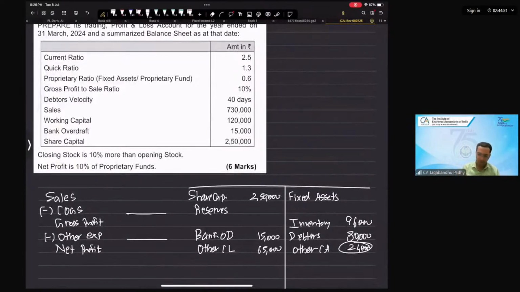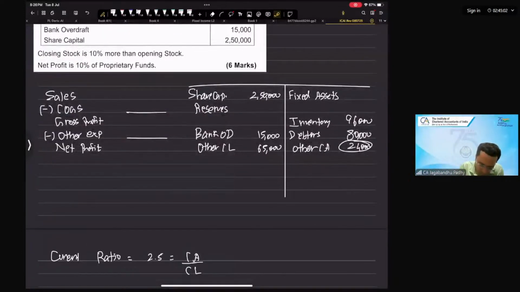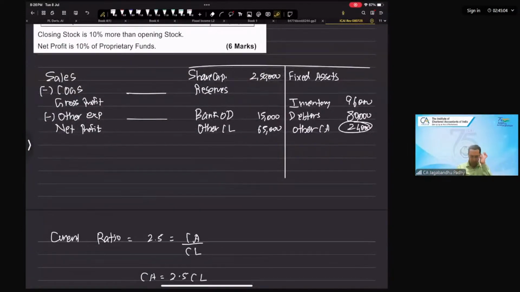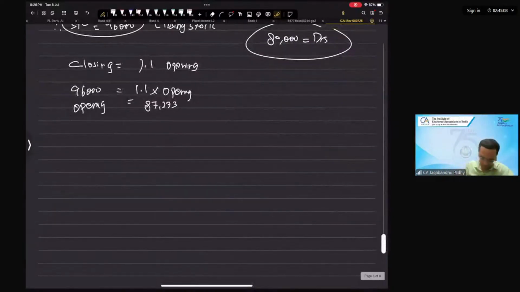Then we have proprietary ratio. Net profit is 10%, they're saying. Proprietary ratio, which is fixed asset to proprietary funds, is 0.6. So here, again, we have to use a similar way, by forming an equation and then solving it.